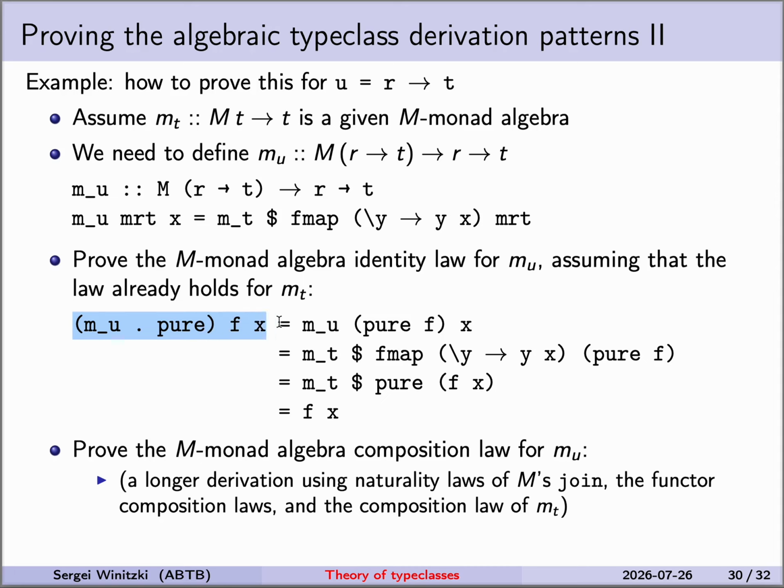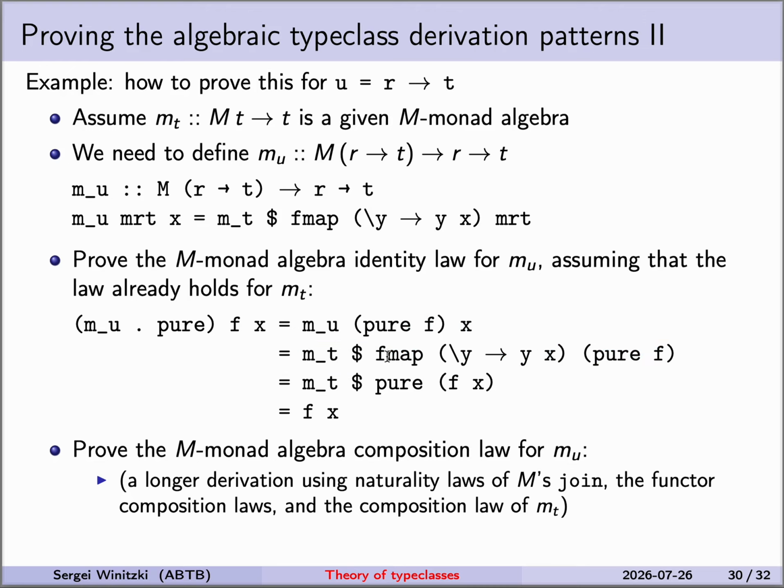We write it out in the syntax. This is mu applied to pure f and applied then to x. Then we substitute the definition of what mu is when applied to some arguments. Instead of the arguments, you substitute those things, and you get that.